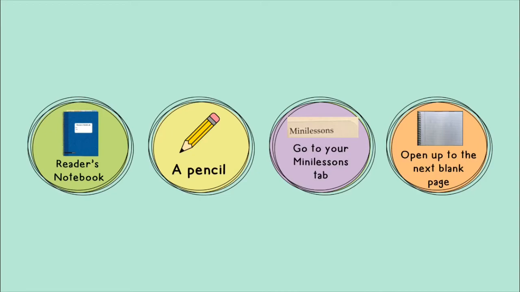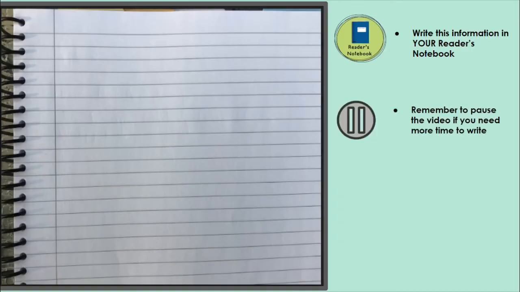Like Ms. Armstrong and Ms. Turner said, it's important that we are going in order. Right. So what you're going to do now, readers, is write down this information as it appears on this page in your reader's notebook. Remember to pause the video if you need more time to write.